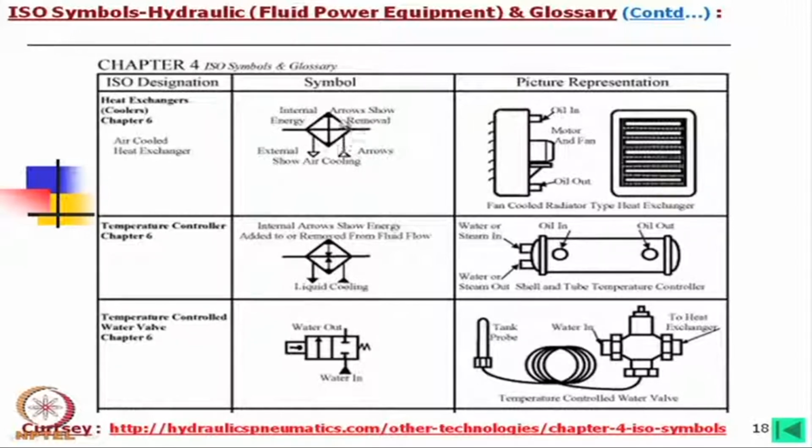Oil is maybe on the outside and air is through a coil sort of conduit inside it, and the symbol's importance is that there are two arrows on the outside, meaning heat is going out.